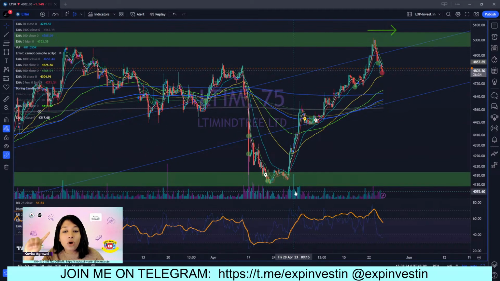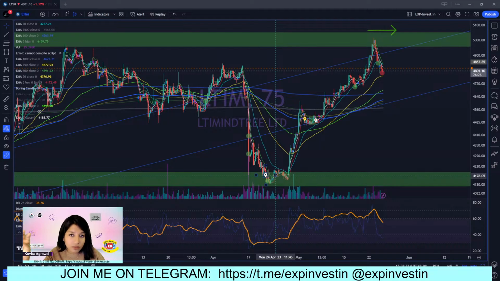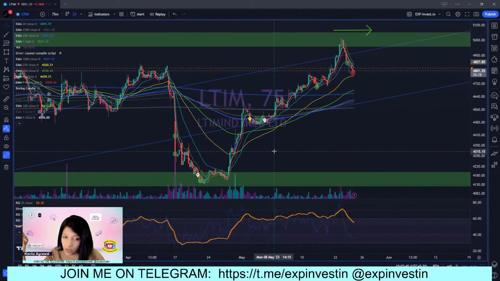So on the daily time frame, I have the same exponential moving averages, which is 200, 100, 50 and 20. Now I have dedicated the same color to be used across all my time frames, right?